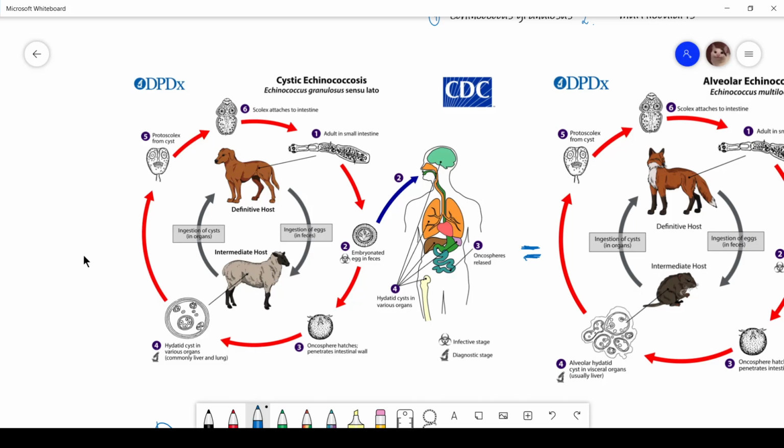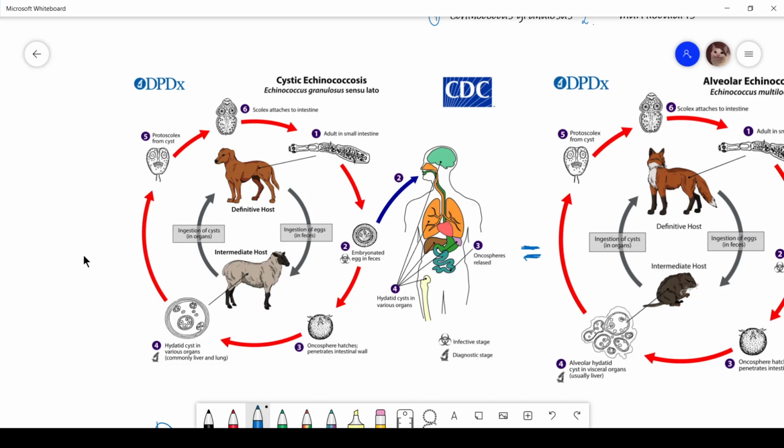After ingestion by a suitable intermediate host, eggs hatch in the small intestine and release six hooked oncospheres that penetrate the intestinal wall and migrate through the circulatory system into various organs, especially the liver and lungs.